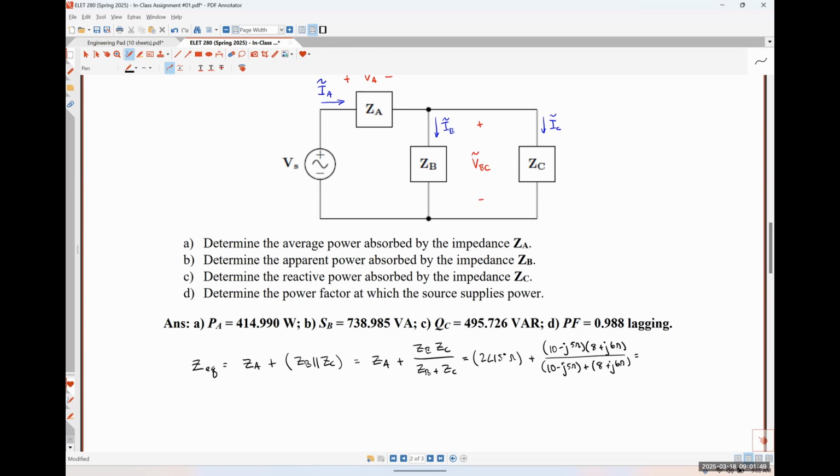I got 8.187 with an angle of 9.0429. So let's call that 9.043 degrees.